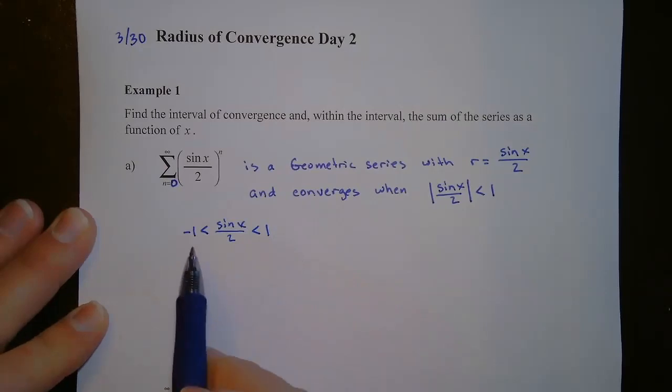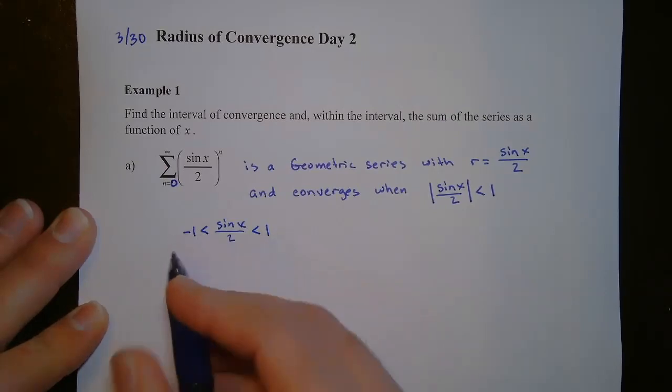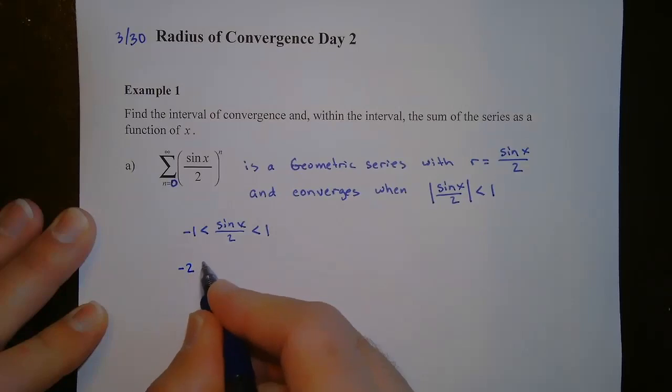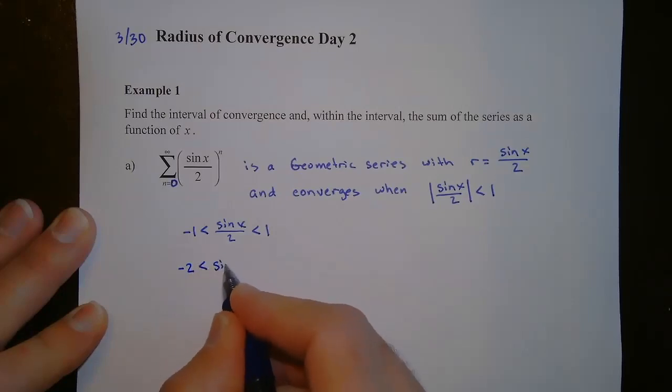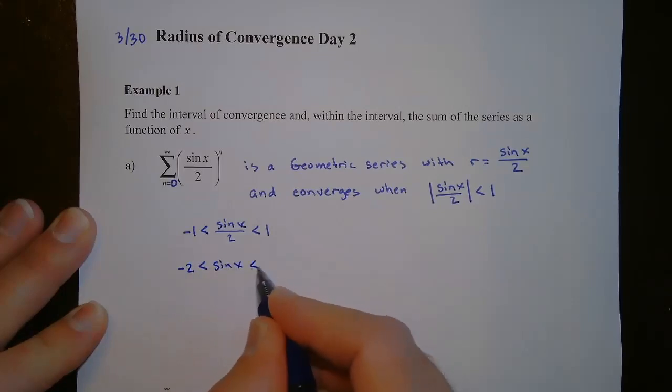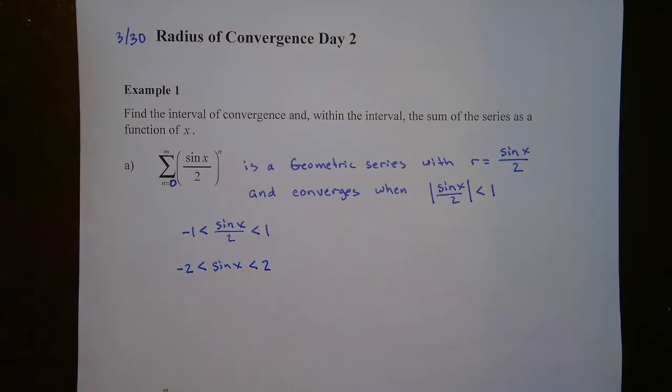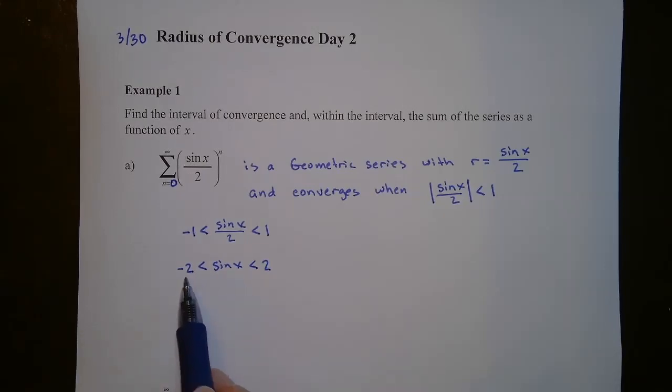Multiplying the left, the middle, and the right by 2, we get -2 is less than sine of x, which is less than 2. We could go ahead and come up with our function that represents the sum, and the interval of convergence would be whenever sine of x is between -2 and 2.